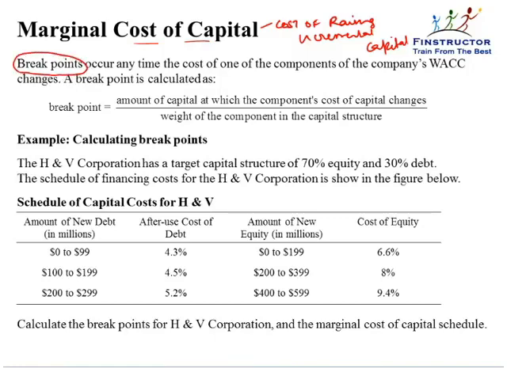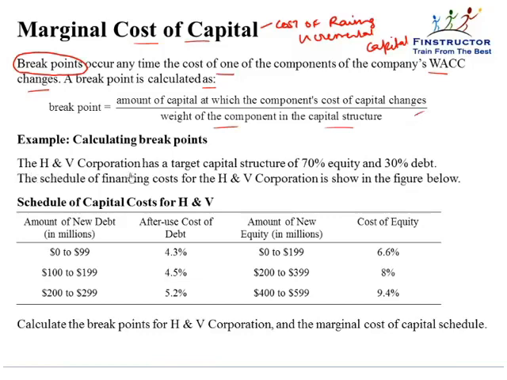So breakpoints occur as the cost of any component of the company's WACC changes. So either the cost of equity changes or the cost of debt changes. A breakpoint can be calculated as the amount of capital at which the component's cost of capital changes divided by the weight of the component in the capital structure. We'll explain that with the help of an example.